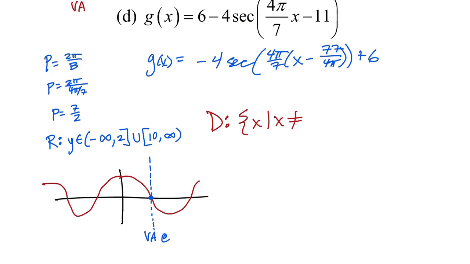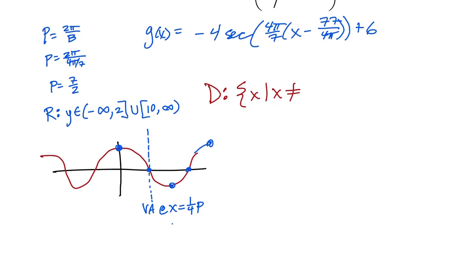What fraction of the period do we count by for cosine? Every fourth. So there's a VA at x equals 1/4 of the period. That's where the first one starts. Well, what is a fourth of 7/2? You just multiply 7 over 2 times 1 over 4, you get 7/8.